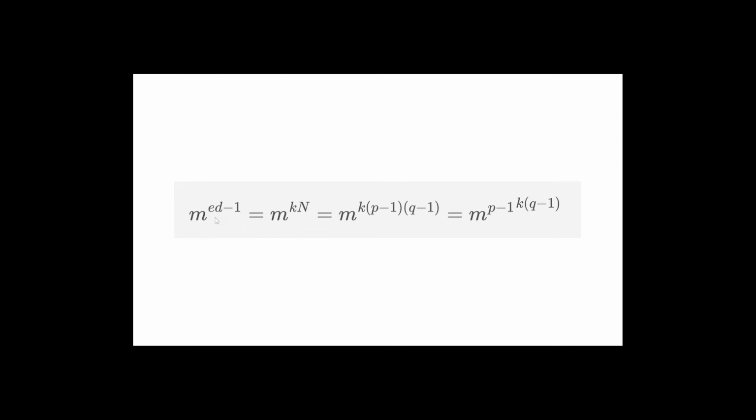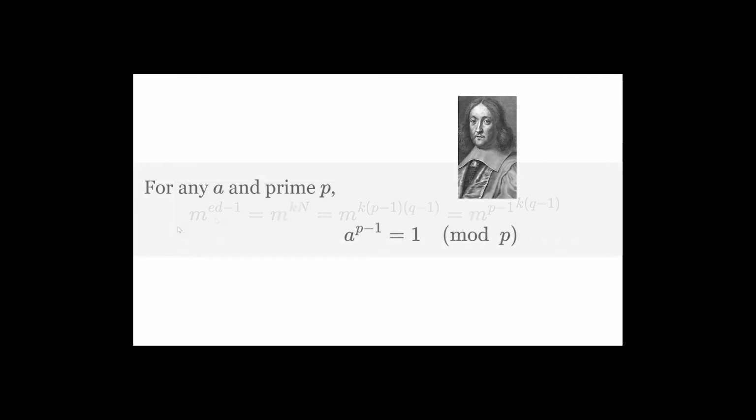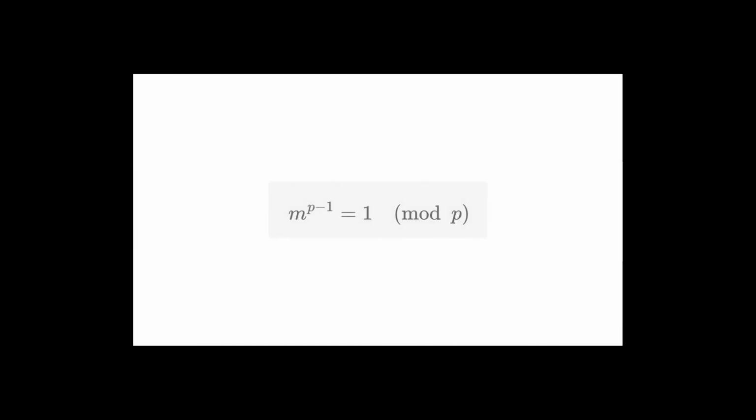We basically isolated the term m power p minus 1. By using Fermat's little theorem, which has a very useful property for p minus 1 when p is prime, we have the fact that m power p minus 1 is equal to 1 modulo p.